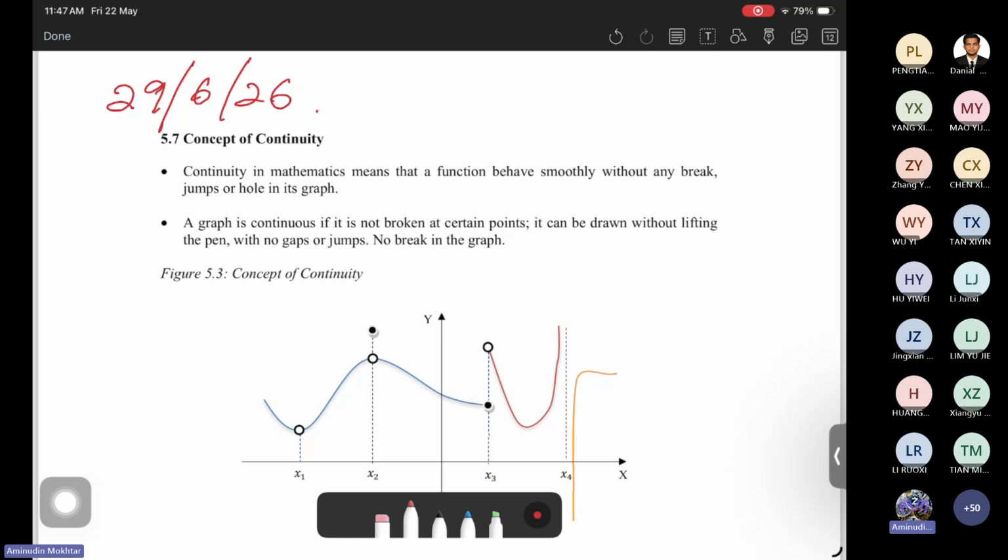Part B is a few structure questions, which means you need to write your answer and show your work. In general the total mark is 100%. The exam will be held in 2 hours or 2 hours and 30 minutes, depending on the number of questions. So you can prepare for the two types of questions, structure and MCQ.